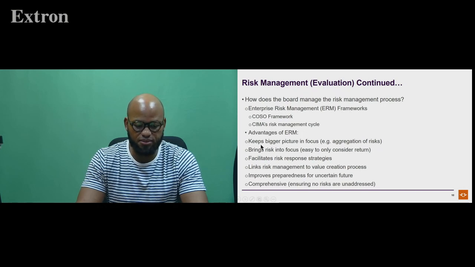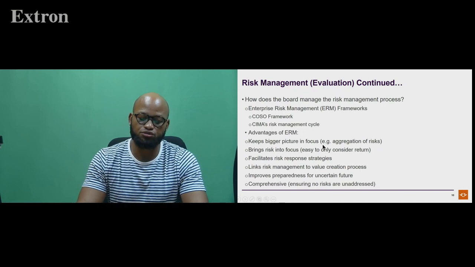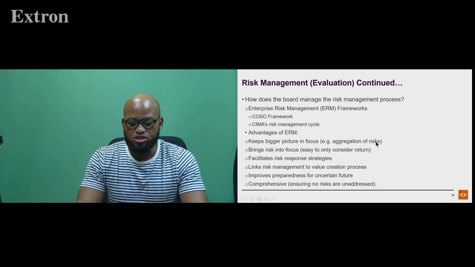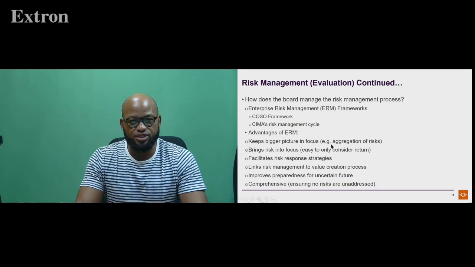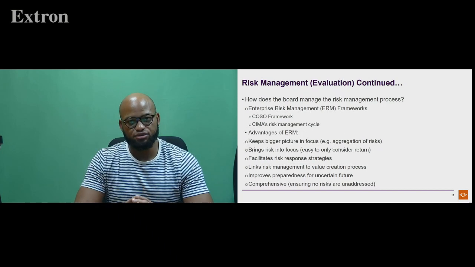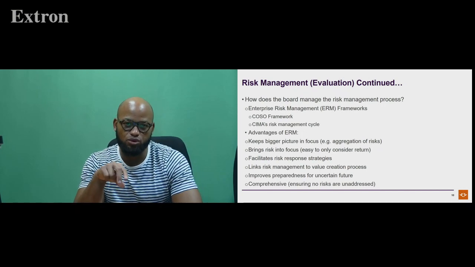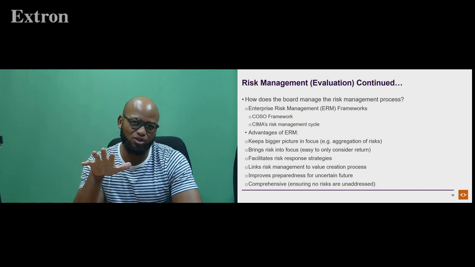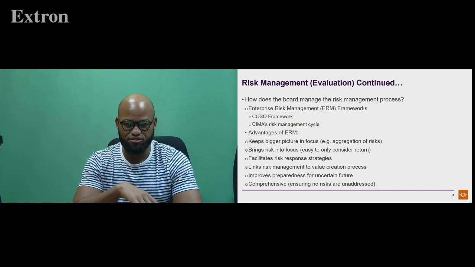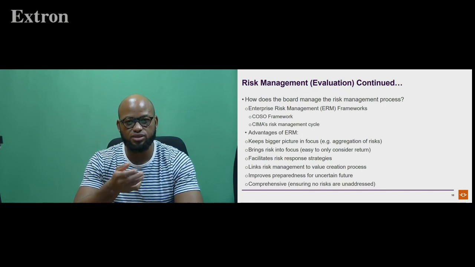So like I said, it keeps the bigger picture in focus. For example, it allows the board of directors to aggregate risks and assess them at an aggregate level. Sometimes a specific business unit within a company will look at a risk and say, it's really not so important, we don't need to worry about that particular risk.